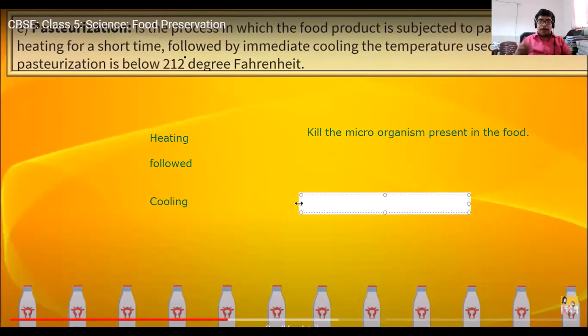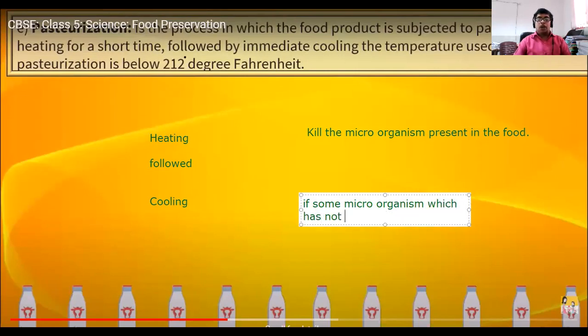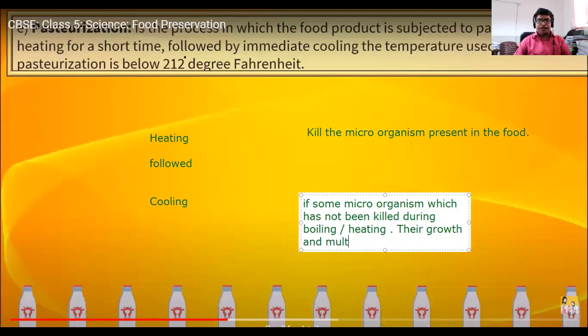When we keep that food at a low temperature, the microorganisms which have not been killed during boiling or heating, their growth and multiplication is stopped by cooling.